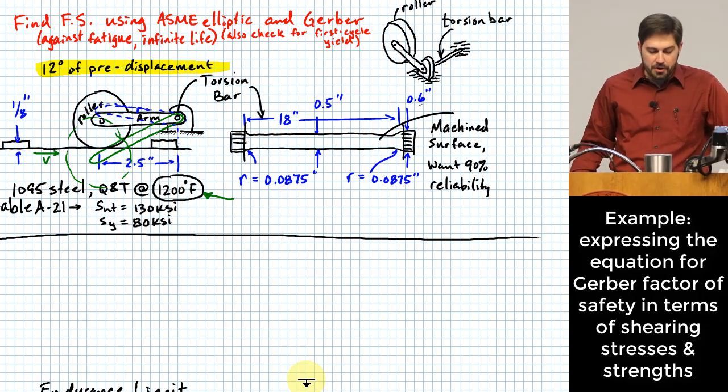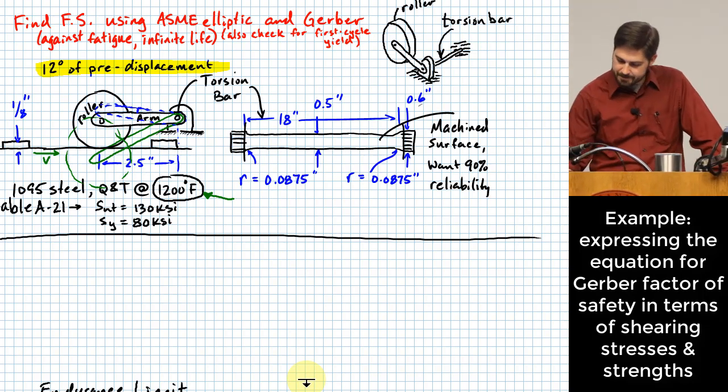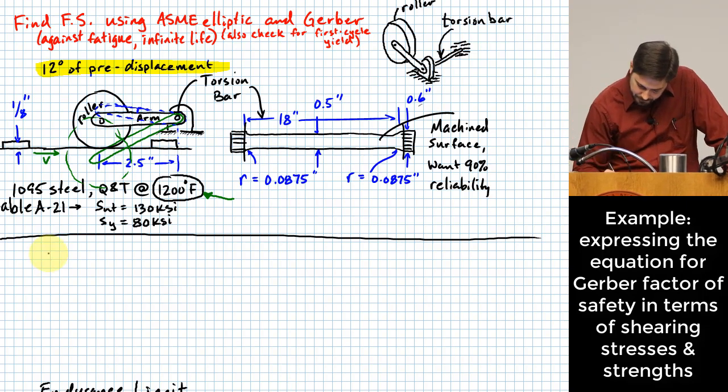So to find our Gerber factor of safety, N sub F, and I'll just label down here, this is for Gerber.